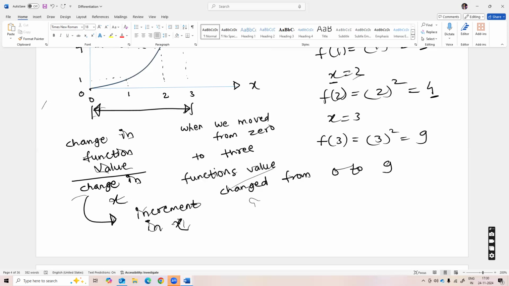So how much is it? The change in function value is 9 minus 0, and the change in x, or increment in x, is 3 minus 0. So you got the value equal to 3.